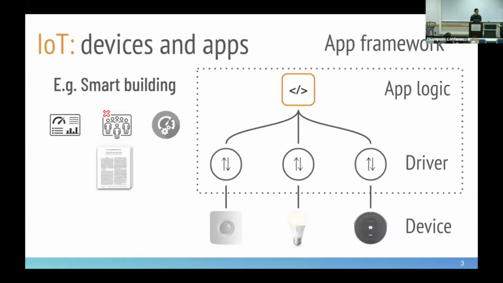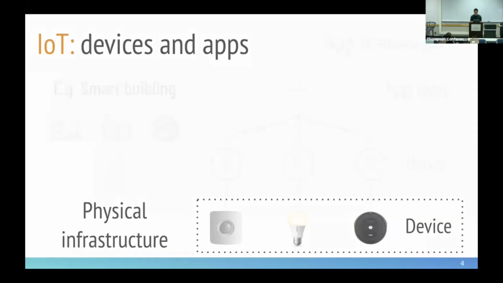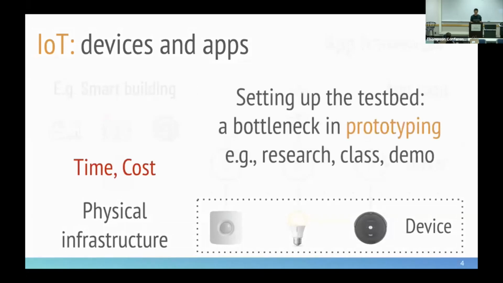In both academia and industry, many have studied and proposed IoT frameworks for applications. Dealing with the physical infrastructure, however, remains challenging for application prototyping. This is because buying and setting up these devices can be time-consuming and cost-prohibitive. Thereby, it can be an agility bottleneck during prototyping, for example for research, demoing a product, or teaching in a CS class.